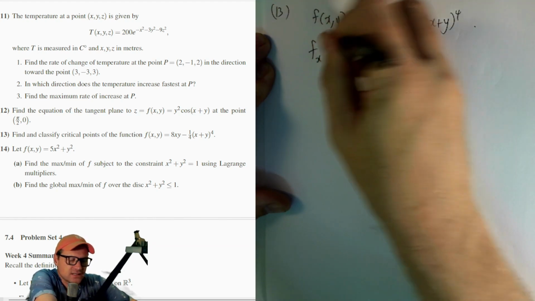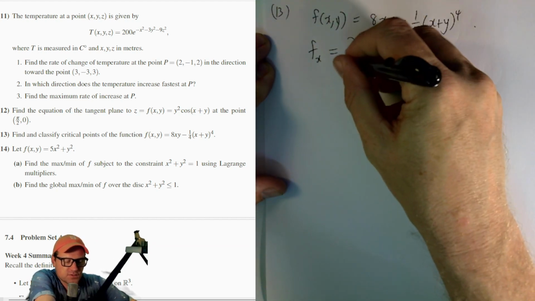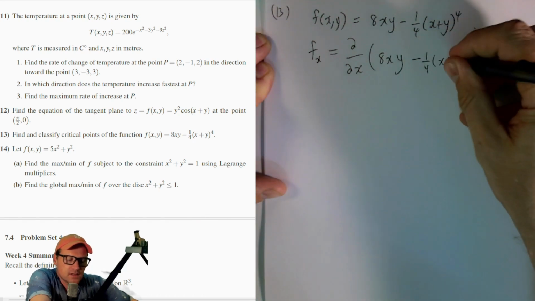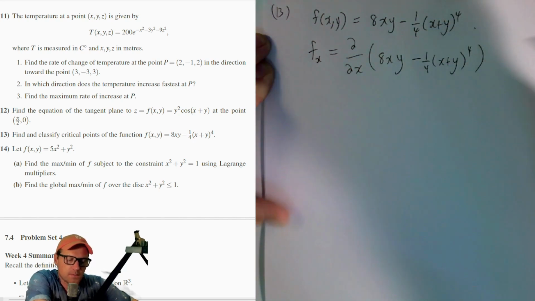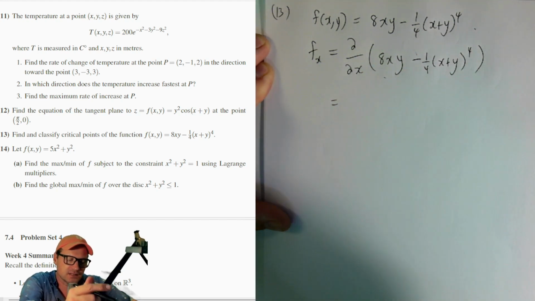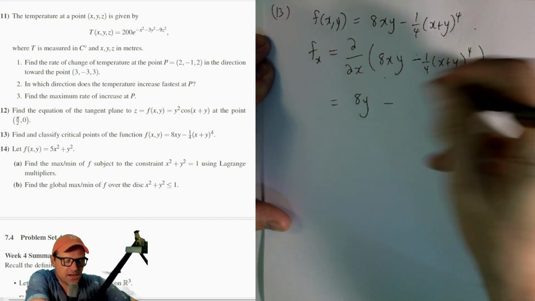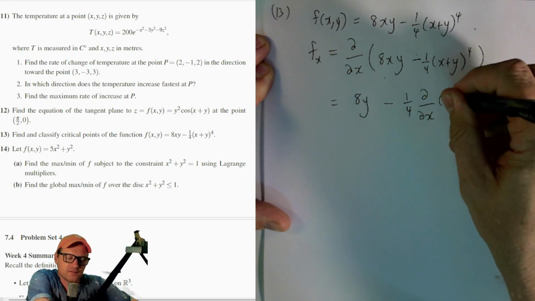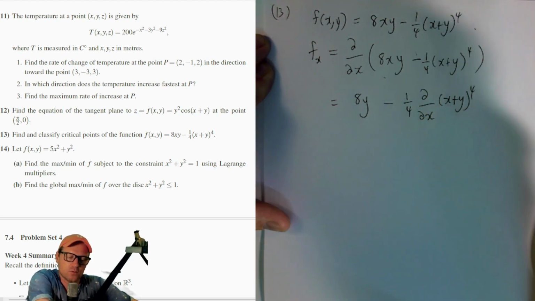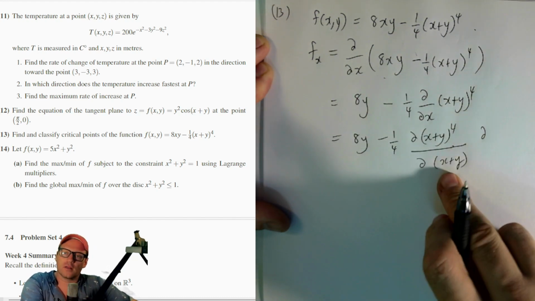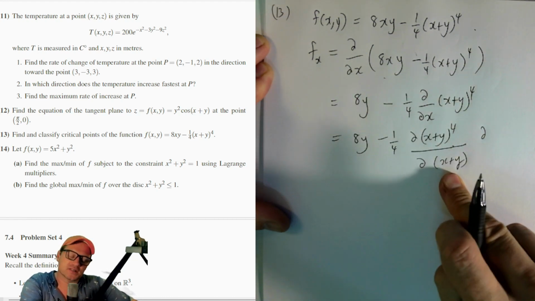So fx is the partial derivative with respect to x of 8xy minus a quarter (x + y) to the power of 4. The derivative of 8xy with respect to x is 8y. Then we have minus a quarter times the derivative with respect to x of (x + y) to the power of 4. For this, we need the chain rule where u is equal to x plus y.